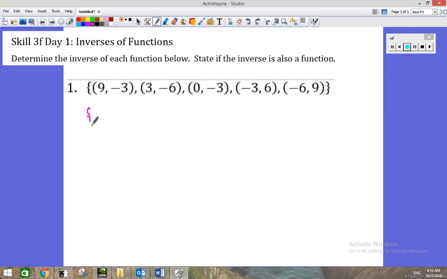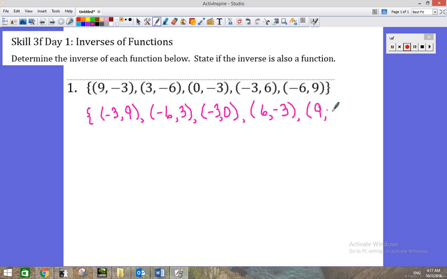So we have a new relation that negative 3 is related to 9, that negative 6 is related to 3, that negative 3 is related to 0, that 6 is related to negative 3, and that 9 is related to negative 6. Did I switch? Make sure, yeah. Now, here is the inverse.